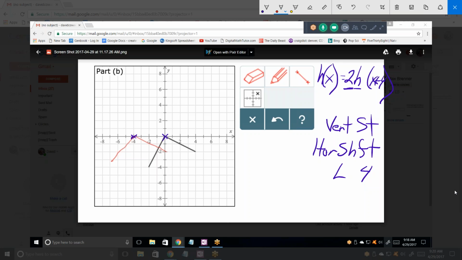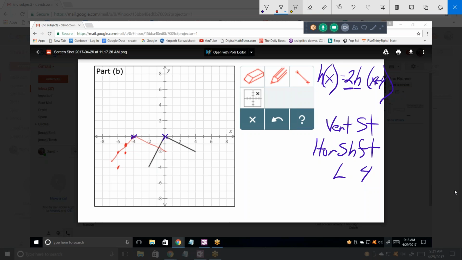Okay, so now when I multiply it by 2, the best way to think about this is if I had a point right there, it would have to be twice as far away from the x-axis, correct? It's being multiplied by 2. So a point that would have been right there on the curve is now down there.